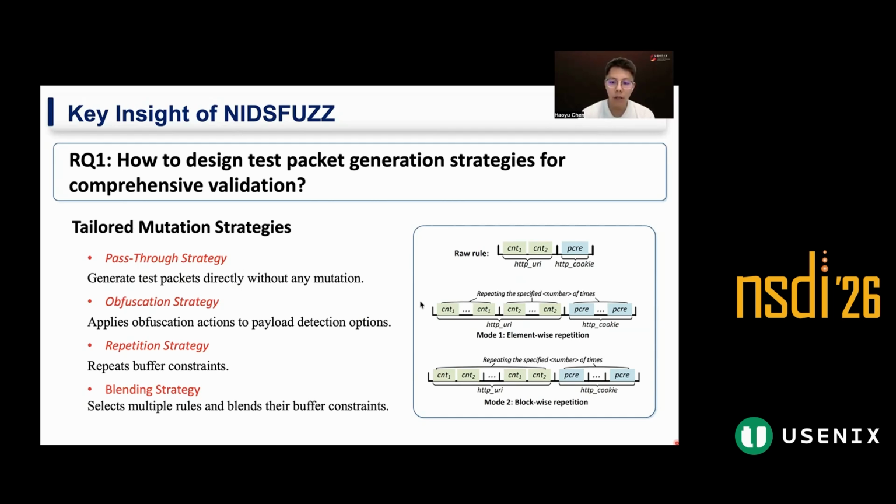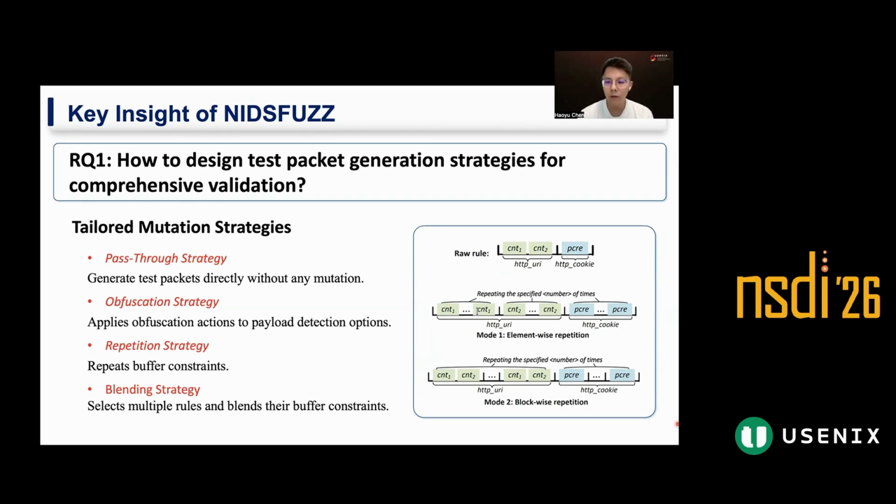The second is the obfuscation strategy. Inspired by real-world evasion technologies, we apply transformations like character encoding and path shifting to the payload. This tests whether the NIDS can correctly normalize and match semantically equivalent inputs. The third is the repetition strategy.